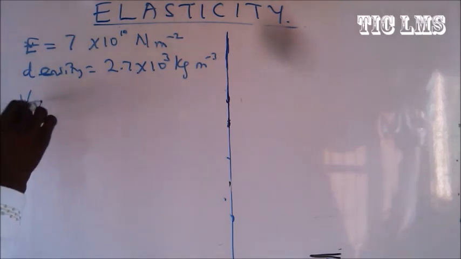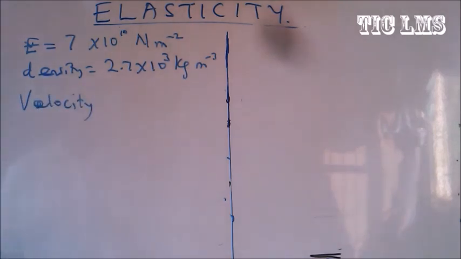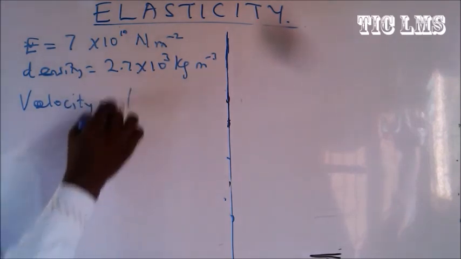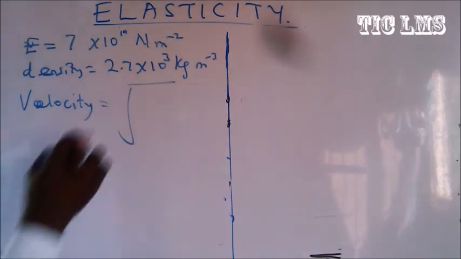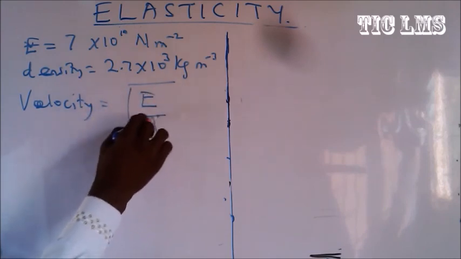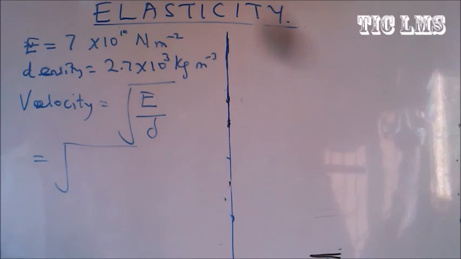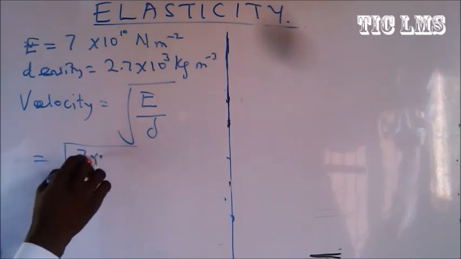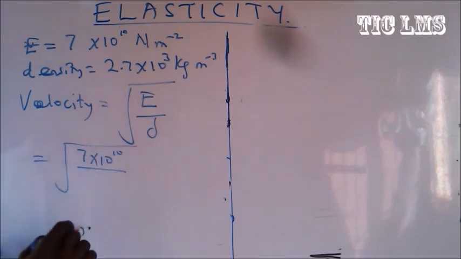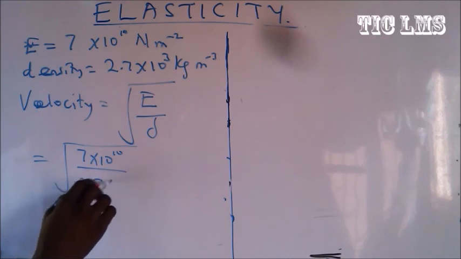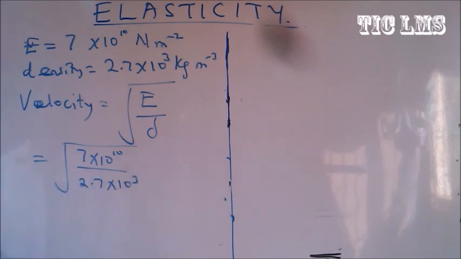There is a formula that relates Young modulus and density, and that is that it is the square root of the Young modulus over the density. Hence, we have the square root of the Young modulus, which is 7 times 10 to the power of 10, over the density, which is 2.7 times 10 raised power 3.